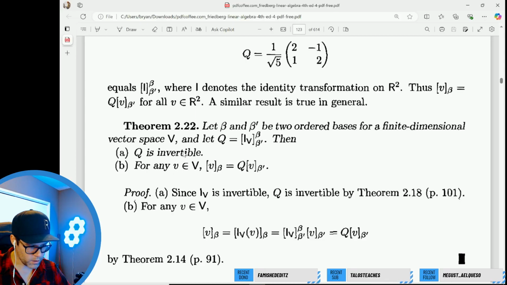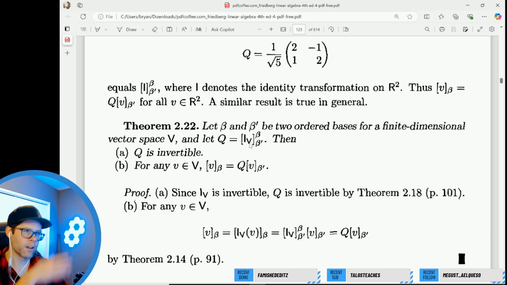So Q is invertible comes from the fact that we're using basis vectors. These basis vectors should give us a matrix that has full rank. But they're saying that Q is actually the identity matrix. Oh, I see. So the I_V is going to be our standard basis vectors as columns.